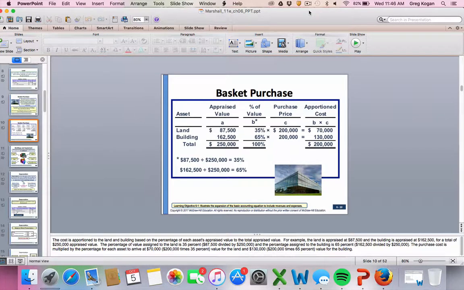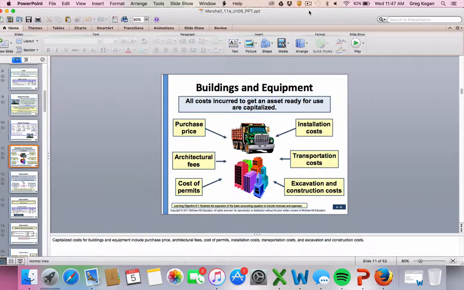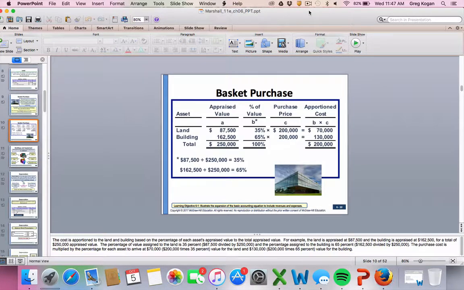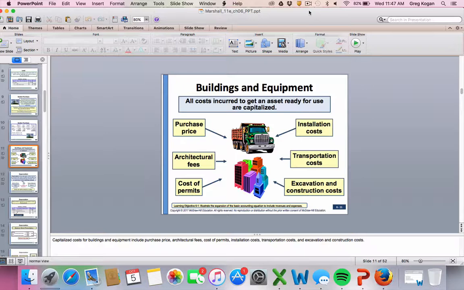When we buy something, we always allocate the fair value of the cost to the actual asset. And how do we put it on the books? You see on page 187 in the book, we have a credit to cash and a debit to the appropriate asset, and that's how we put it on the books.